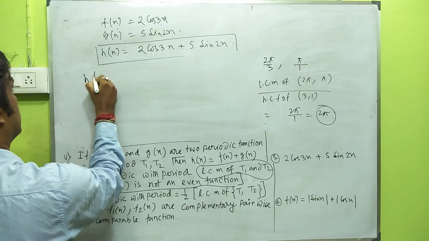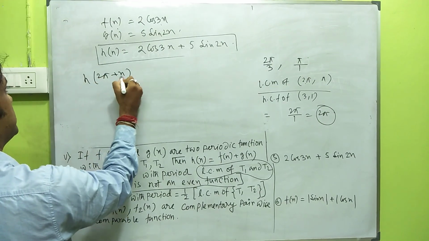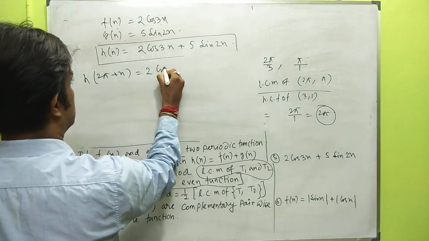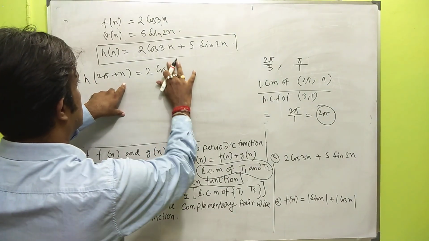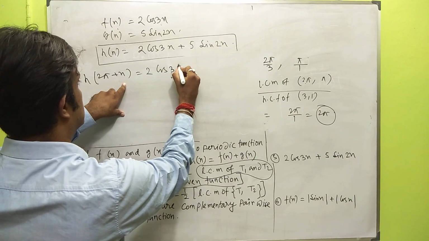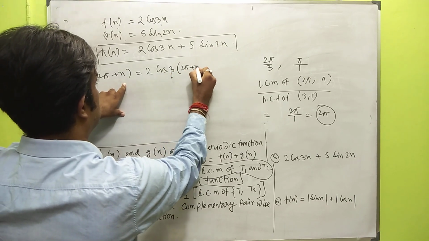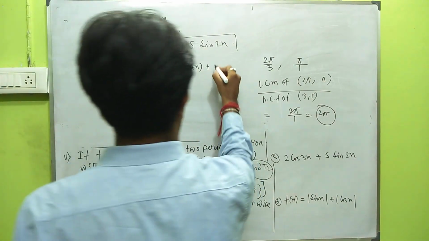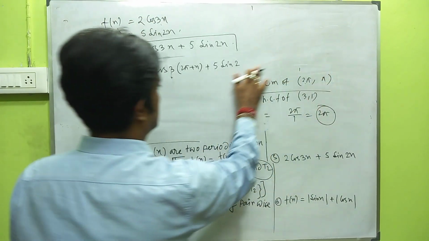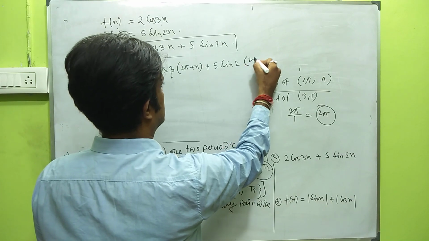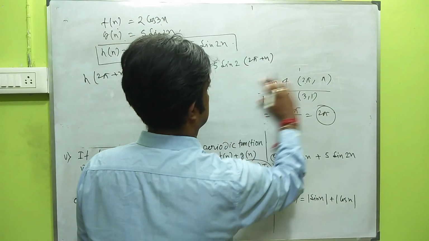So h of 2 pi plus x will be 2 cos 3 times (2 pi plus x) plus 5 sin 2 times (2 pi plus x).